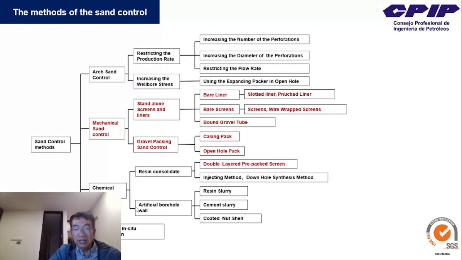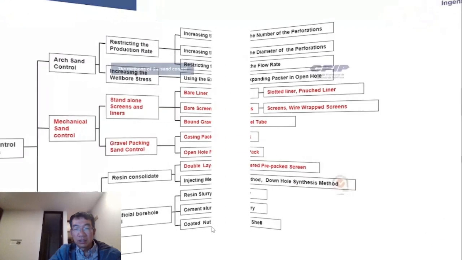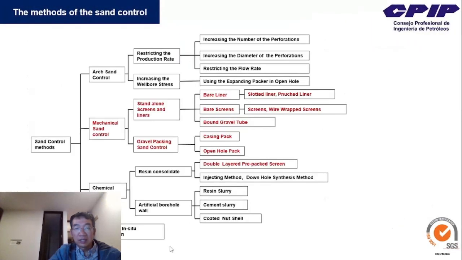And the second one is artificial borehole wall. It has resin slurry, cement slurry and coated nut shell. And the last one is short-term in-situ combustion.